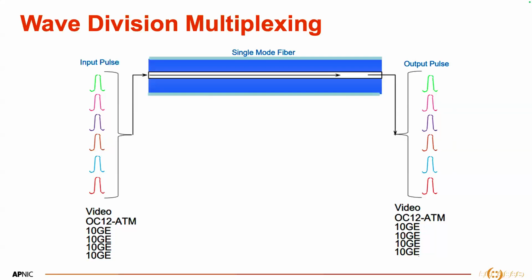Whatever the payload is, whatever the data is, it's all being converted into optical signals and wavelengths, and then we send those wavelengths through that single mode fiber from one city to another. When the signal reaches the destination in the other city, they do demultiplexing and then they retrieve the payload from the demultiplexed signal.